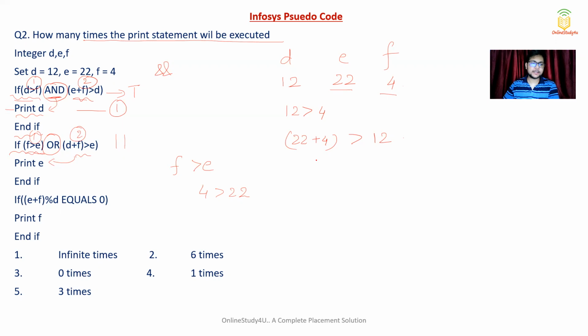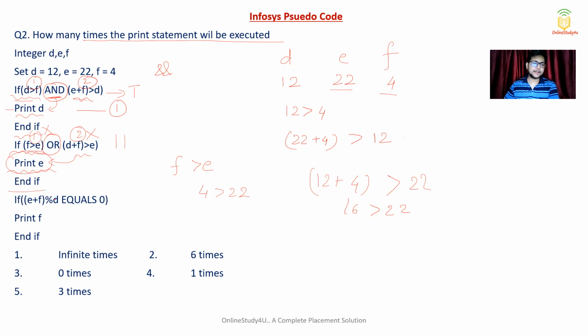So my next condition is d plus f greater than e: 12 plus 4, that is 16, greater than 22? No, it is not. So my condition 2 is also not fulfilled, and it won't execute this print statement.